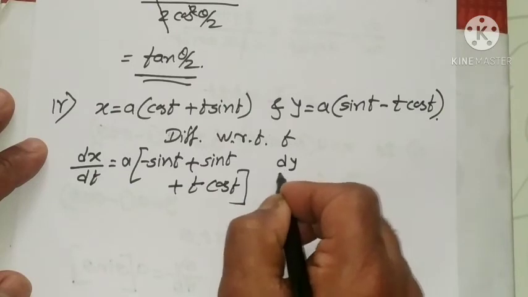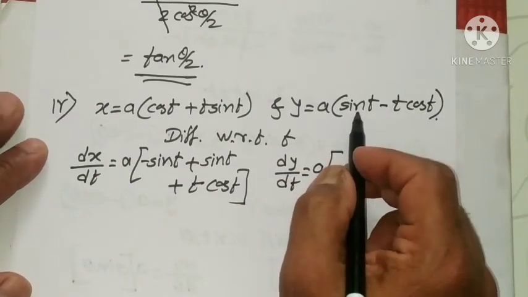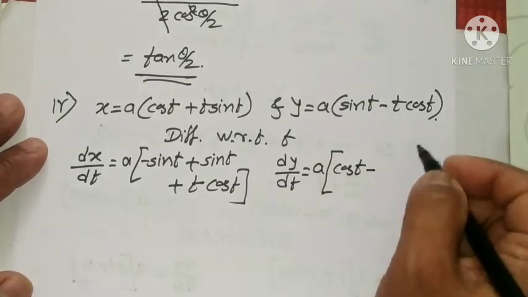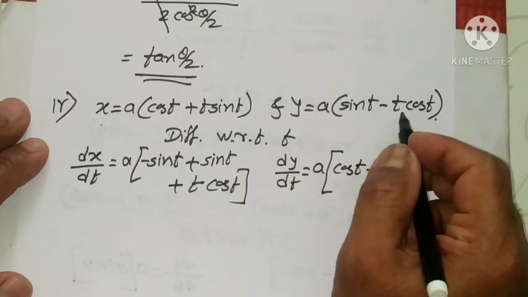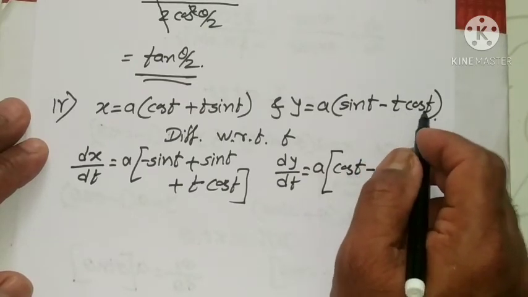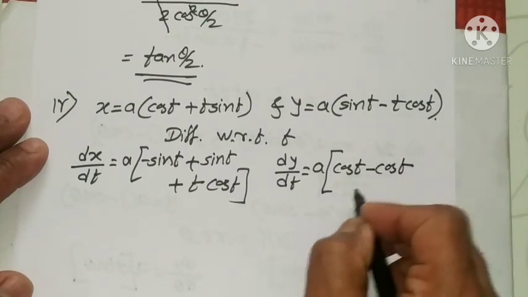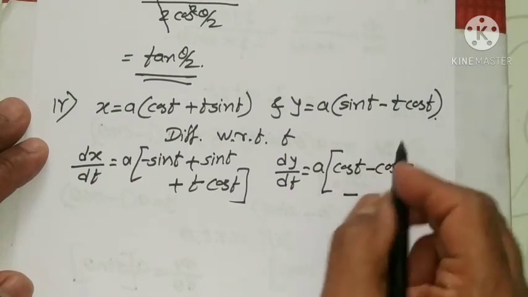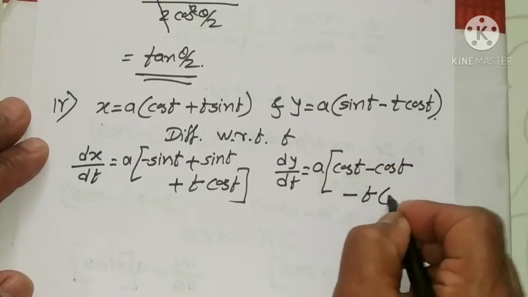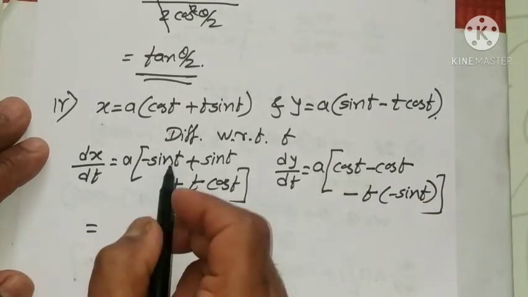On y side, dy by dt is equals to a into bracket derivative of sin, cos t, minus using product rule for t cos t. Derivative of t is 1, 1 into cos t remain as it is, so cos t, minus t as it is and derivative of cos, minus sin t, is equals to plus sin.